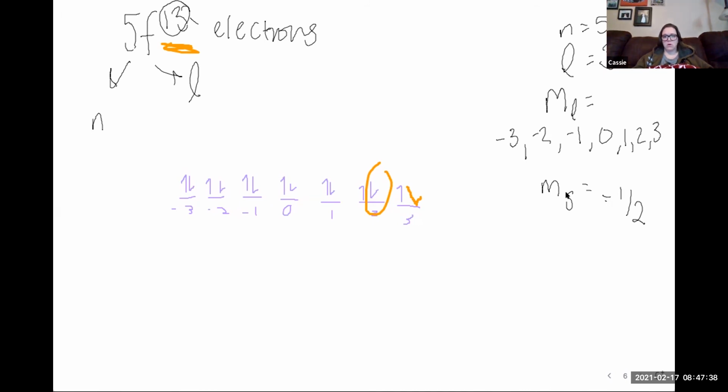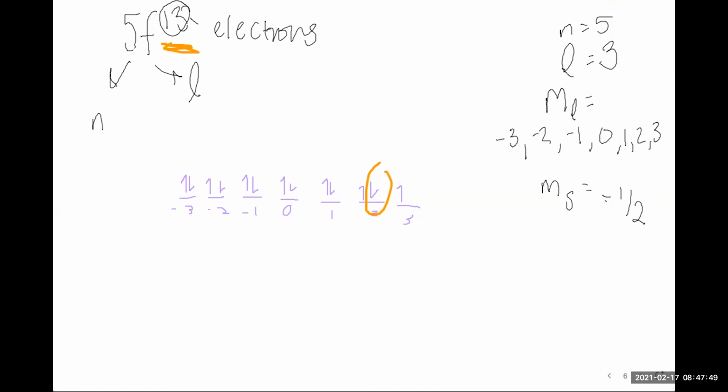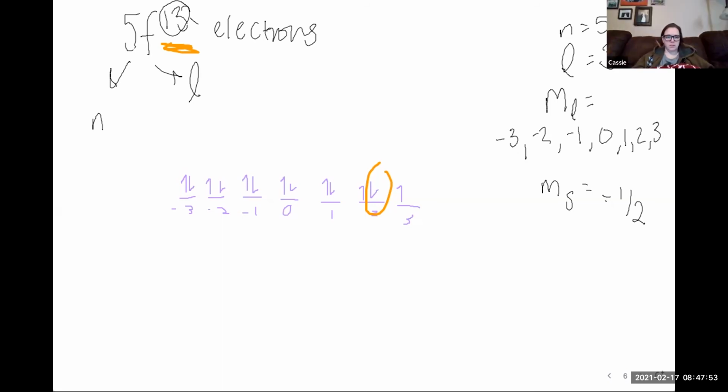No. So then this goes away. It's still down. Wait, so if the arrow was up, would it change? It'd be a positive 1/2.